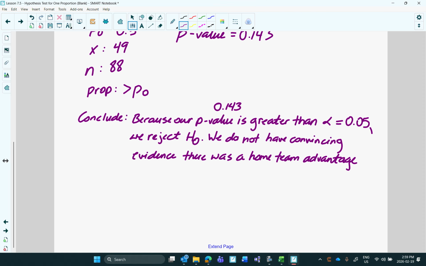That's a completed solution, with the 4 steps for a hypothesis test for one proportion.